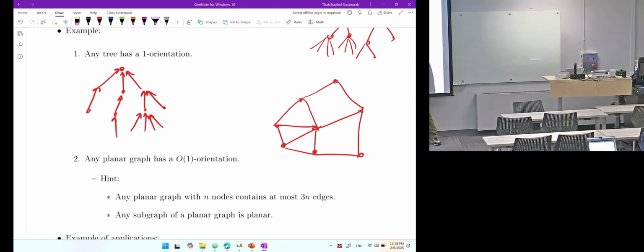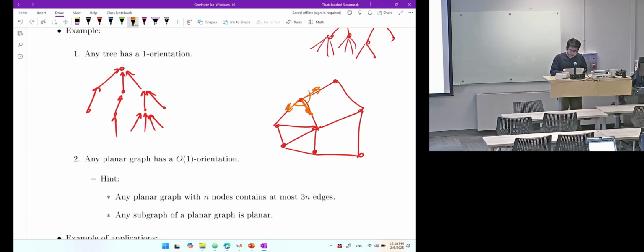And the next thing is, if there is a node with degree at most 6, then point everything outward from this node, and then delete it.